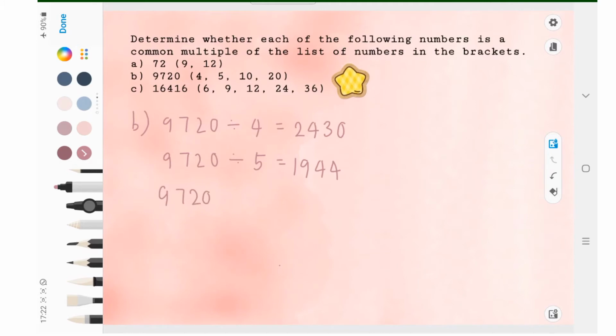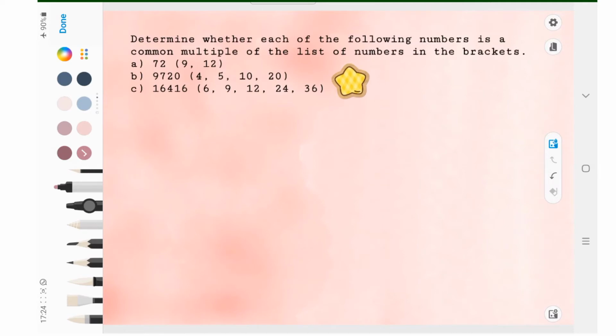Then divide by 10, the answer is 972. Lastly, divide by 20, the answer is 486. They are all whole numbers, so the answer is yes. 9720 is a common multiple of the numbers in the brackets.